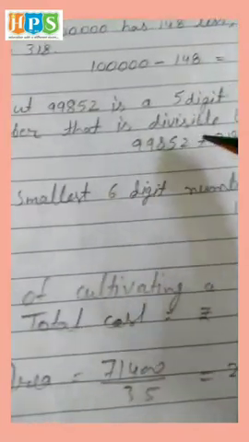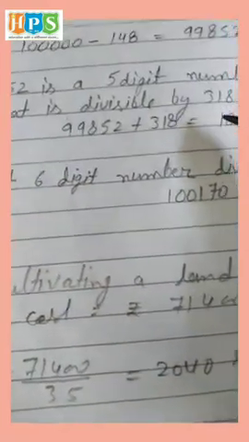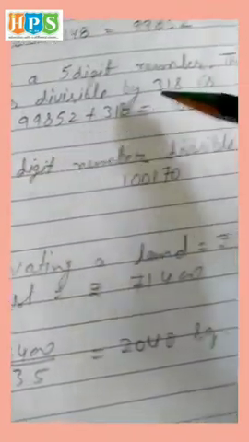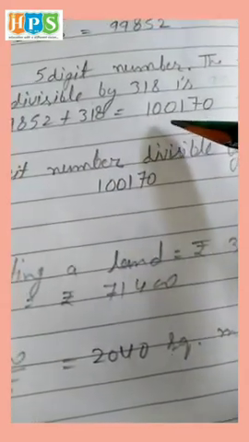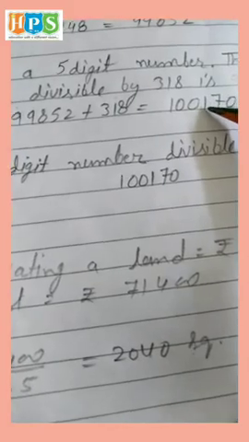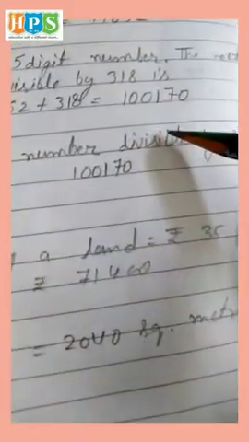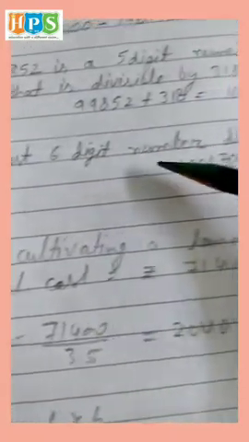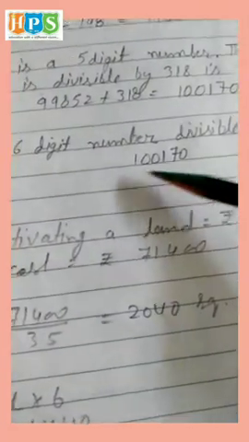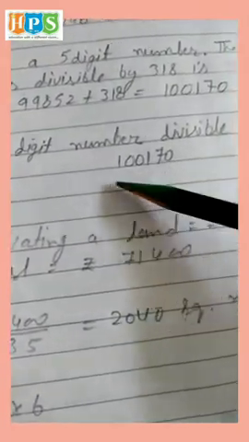The next number that is divisible by 318 is 99,852 plus 318, which is equal to 100,170. The smallest 6-digit number divisible by 318 is 100,170.